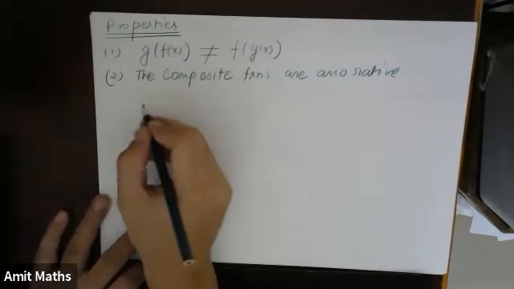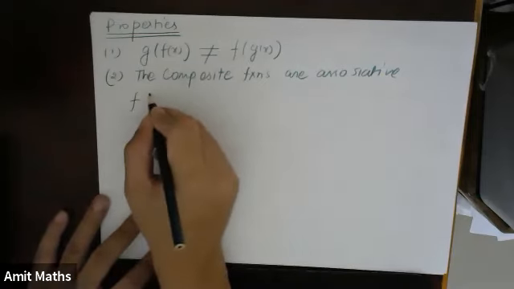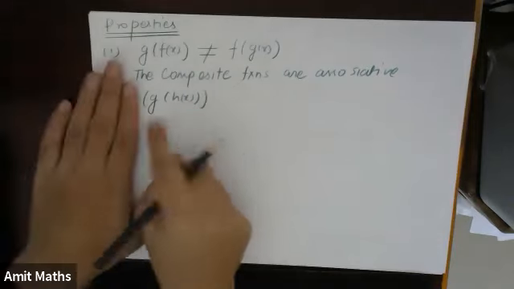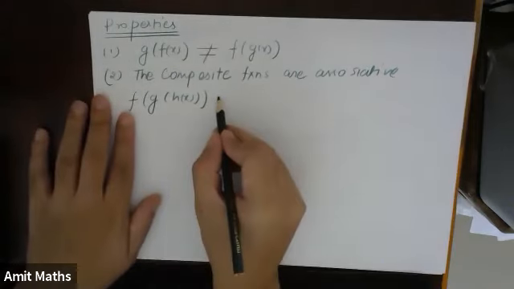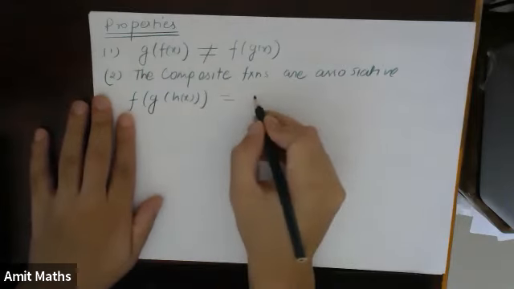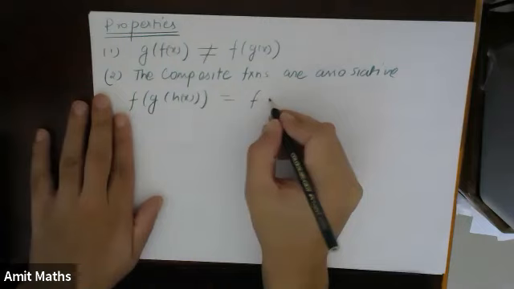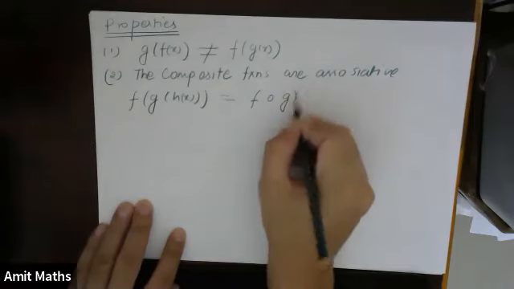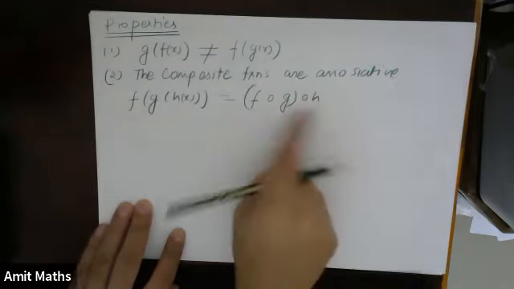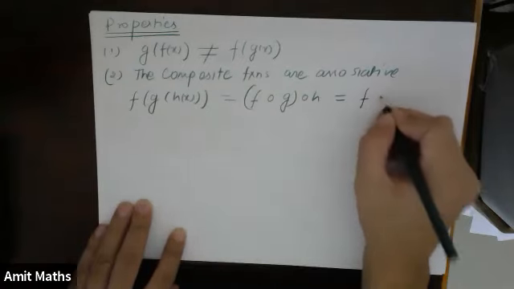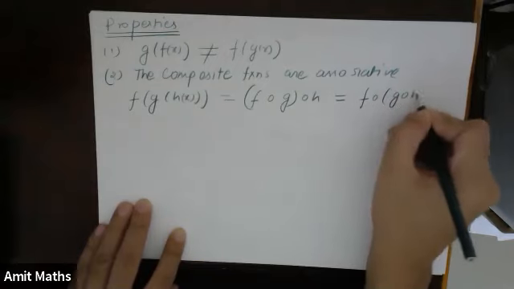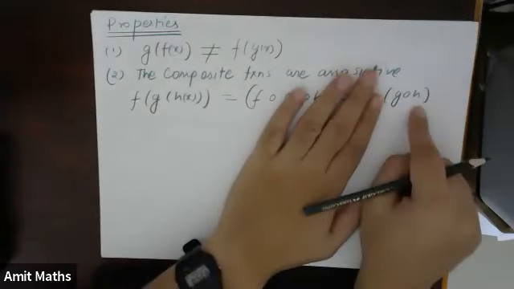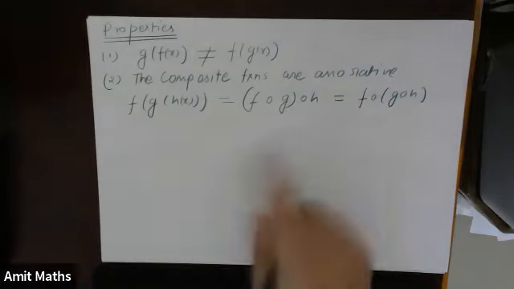That f∘(g∘h) will also be equal to (f∘g)∘h. Either you take the first composite function as this one, or you take it as that one, both will be the same, because in both cases the output will be the same.